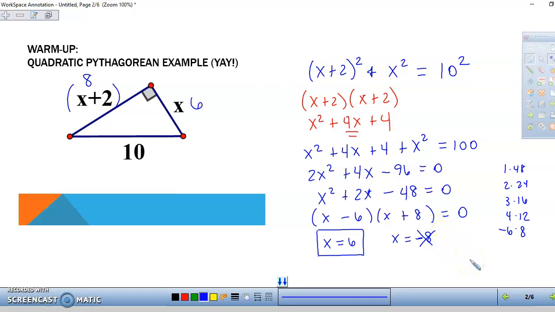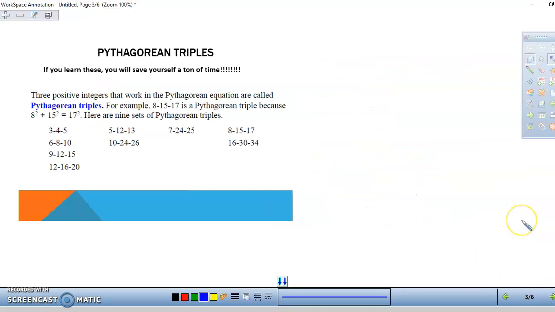We will do many of those. Triples. The previous example was actually an example of a triple. If you learn these triples, at least the main ones here, it will save you a ton of time. And that's even for your SATs and that kind of thing too, so it is actually useful after this class as well to know these.